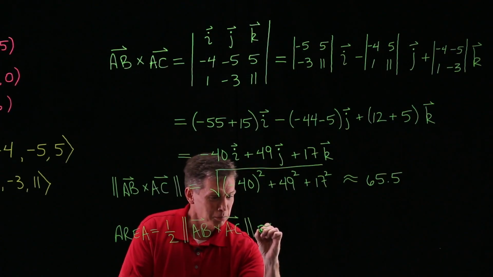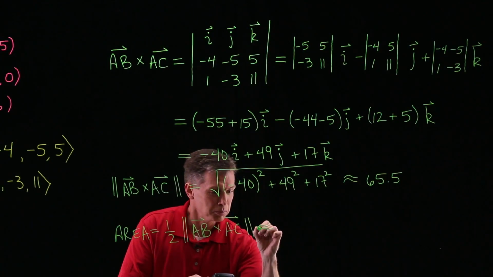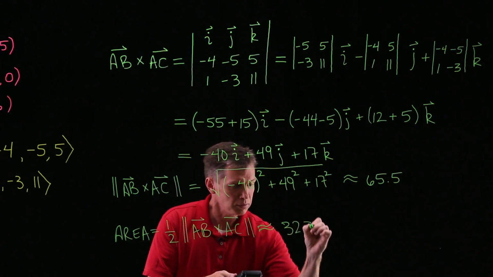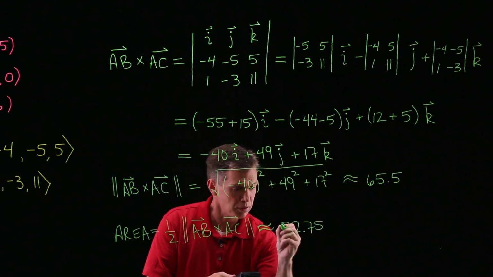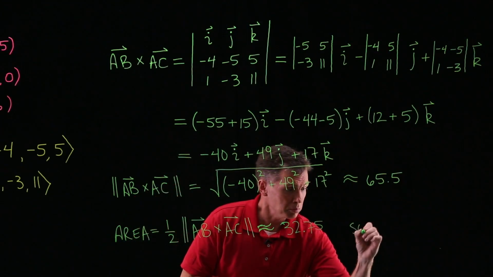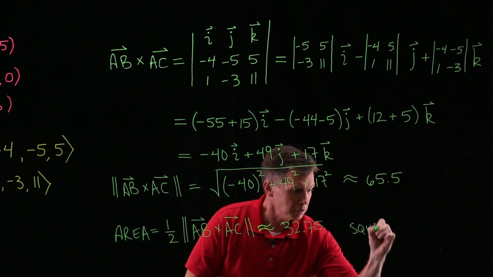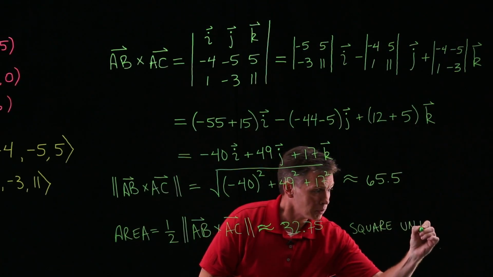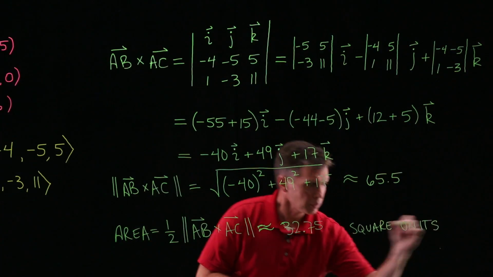Approximately, I did round at one point, correct? Approximately equal to 32.75. It's 32.75, okay? And for good measure, let's put some units on here. Since this is an area, I'll say square units. All right, there we go.